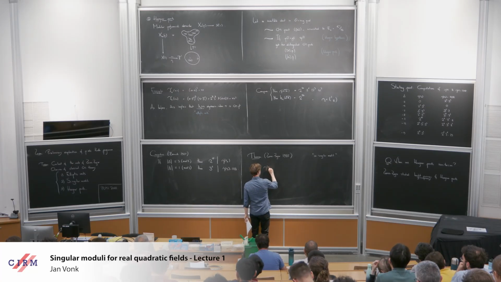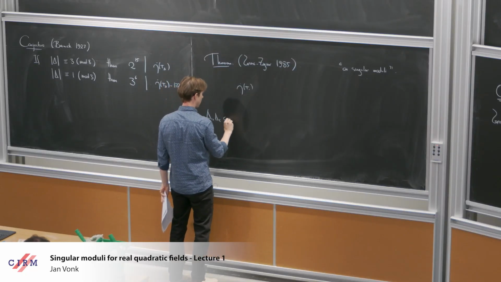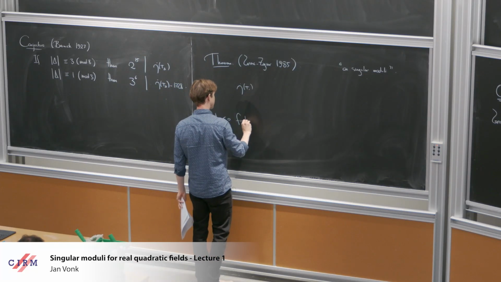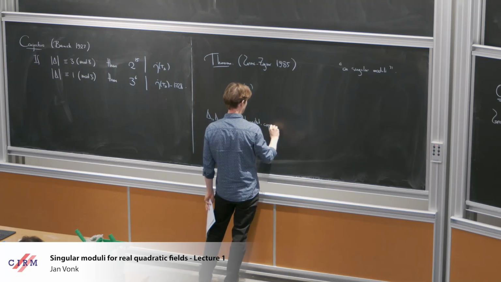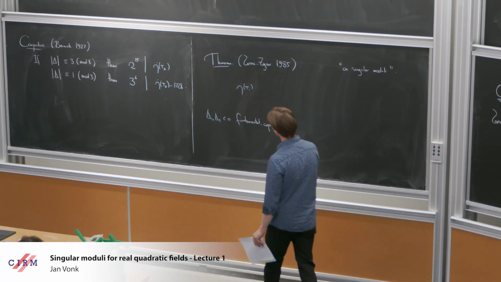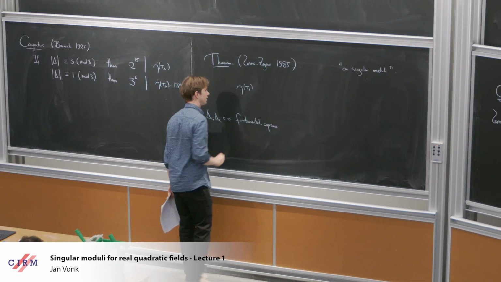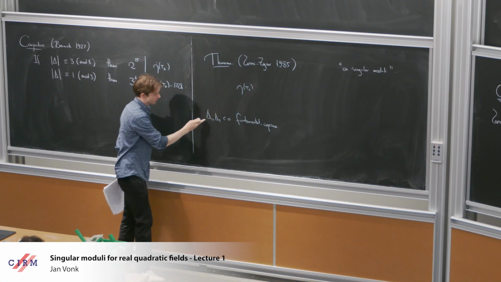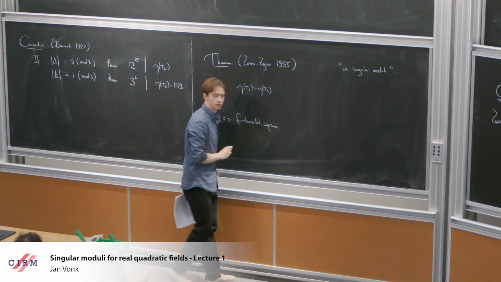So the statement is the following. Suppose that we have delta 1 and delta 2 fundamental discriminants that are coprime. Then I can take j of tau 1 for any CM point of discriminant delta 1 and subtract j of tau 2.